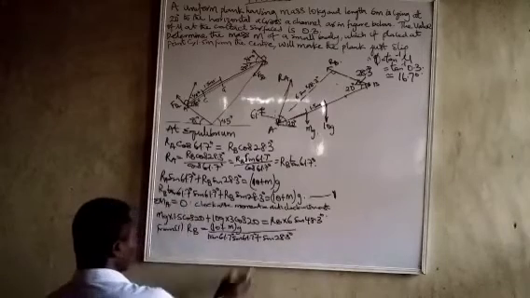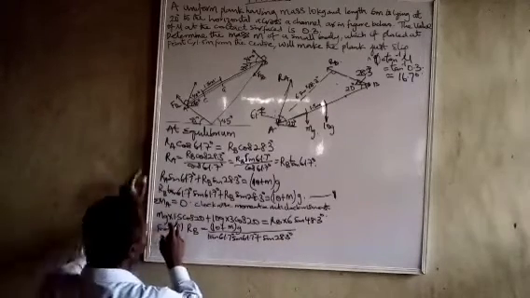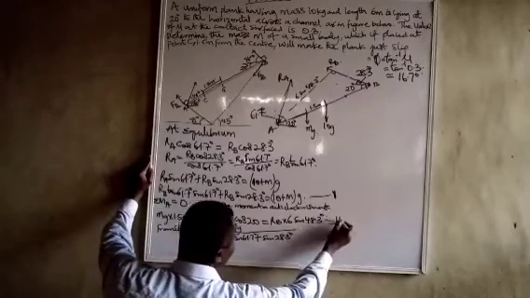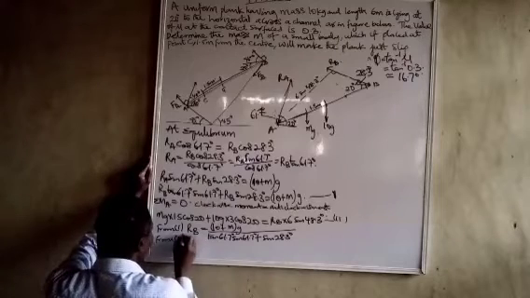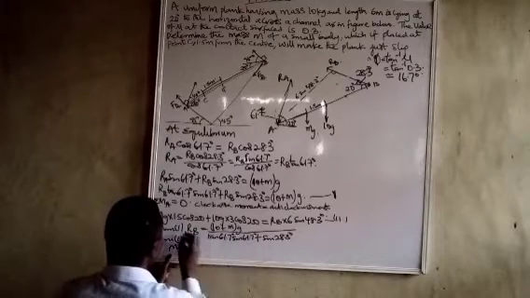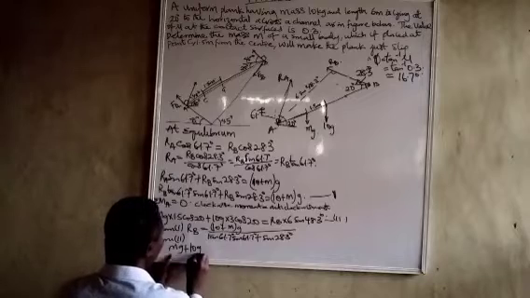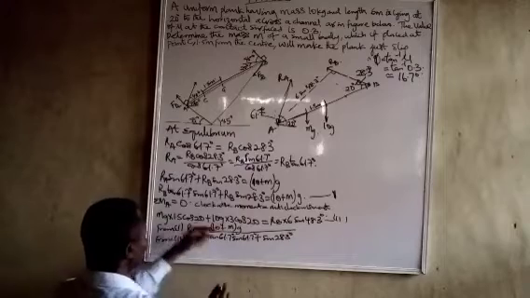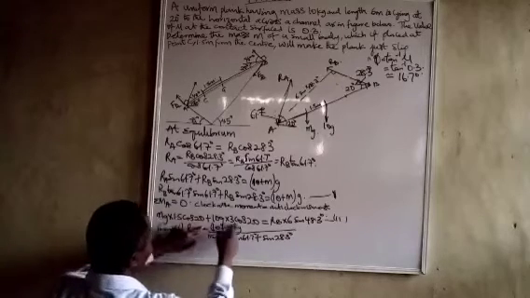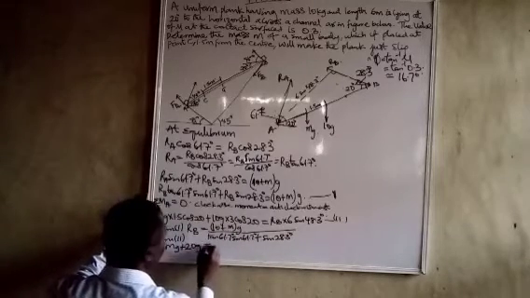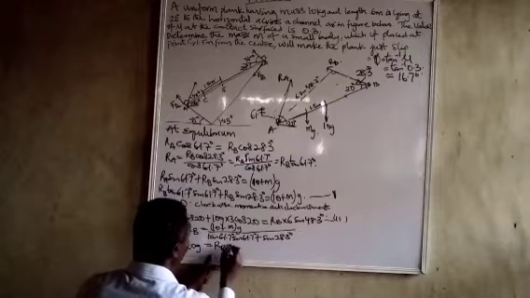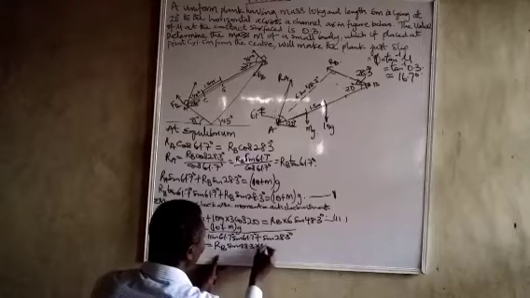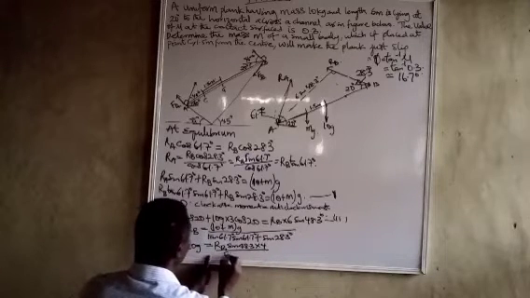I don't want to be breaking it down further. So that is RB. Before I continue, let me divide through by 1.5 cos 20. Therefore, let me call this one 2. From 2, mg plus 10g will be equal to, oh sorry, because I'm dividing through by 1.5 cos 20, I can now say mg, this one will be 2, plus 20g will be equal to RB sine 48.3 times 4 divided by cos 20.